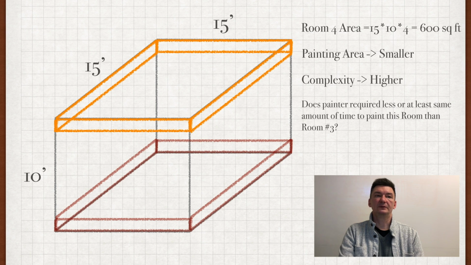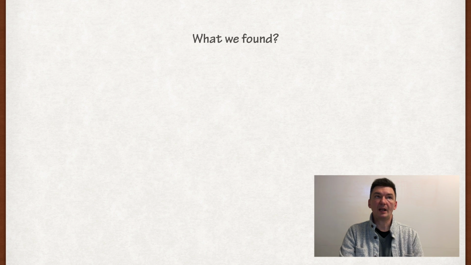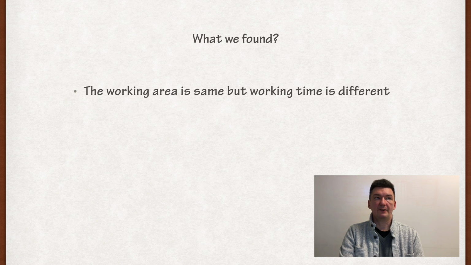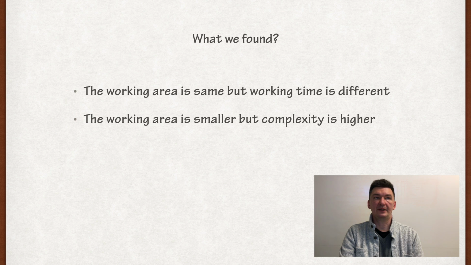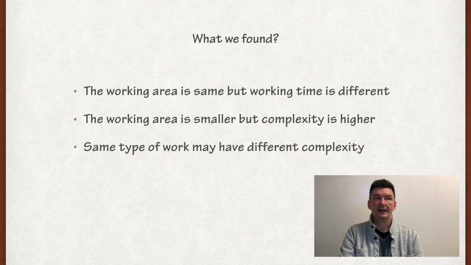Then we have to move the ladder around the room, and we have to go up and down, so it takes more time. What we found so far: the working area is the same, but working time is different. The working area is smaller, but complexity is higher. Same type of work may have different complexity.